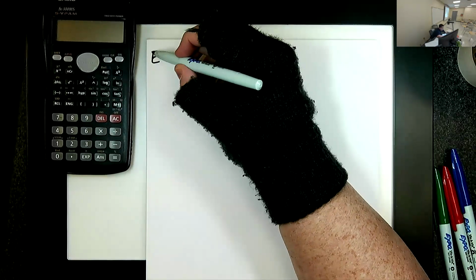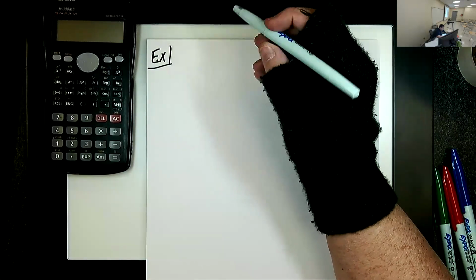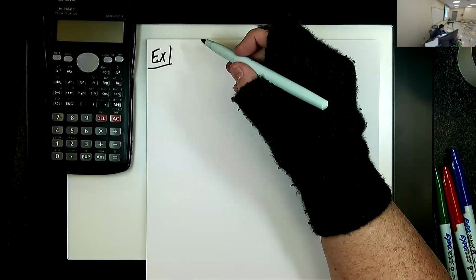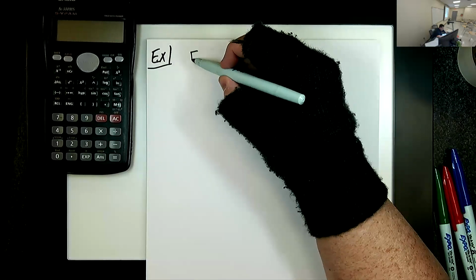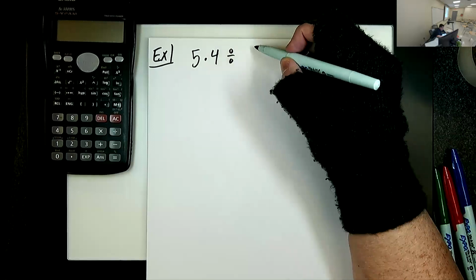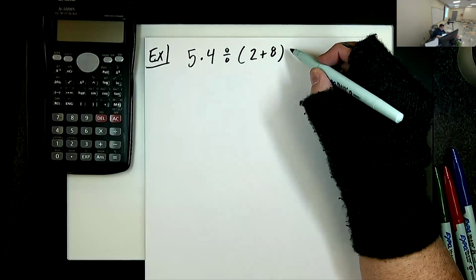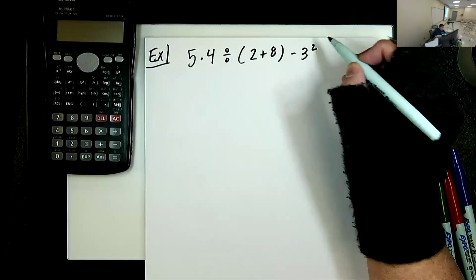I'll do an example with you, and then I'll give you an example to do yourself. Let's do 5 times 4 divided by 2 plus 8 in parentheses minus 3 squared.